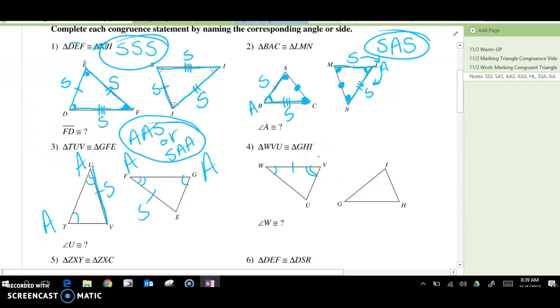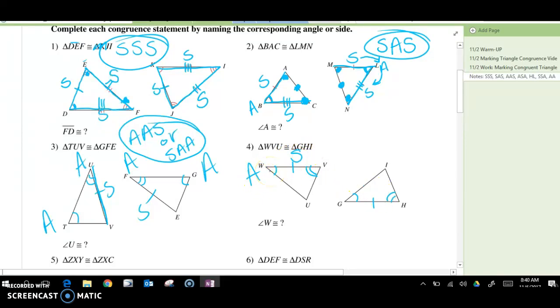Okay, let me mark this one. All right. Now let's look at this one. We have W. Is W an angle or a side, guys? Very good. It's an angle. Then we have side WV. And that is a side.